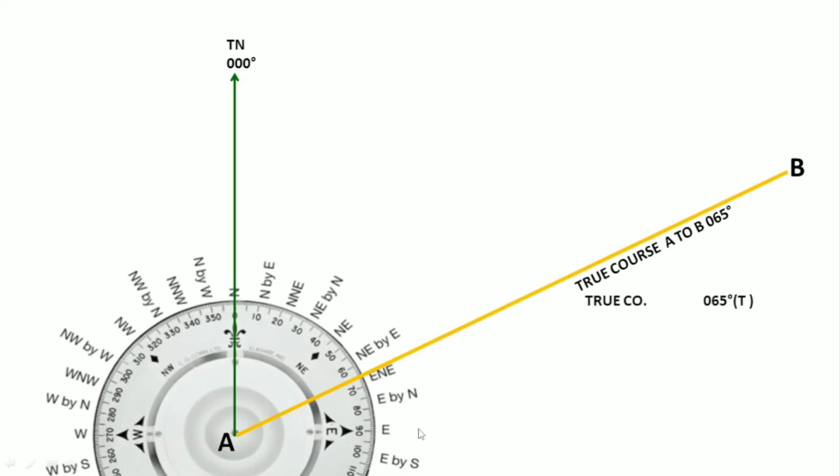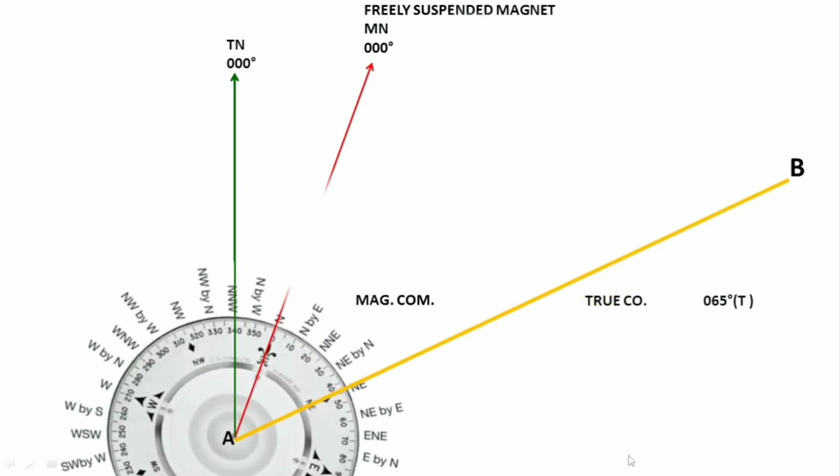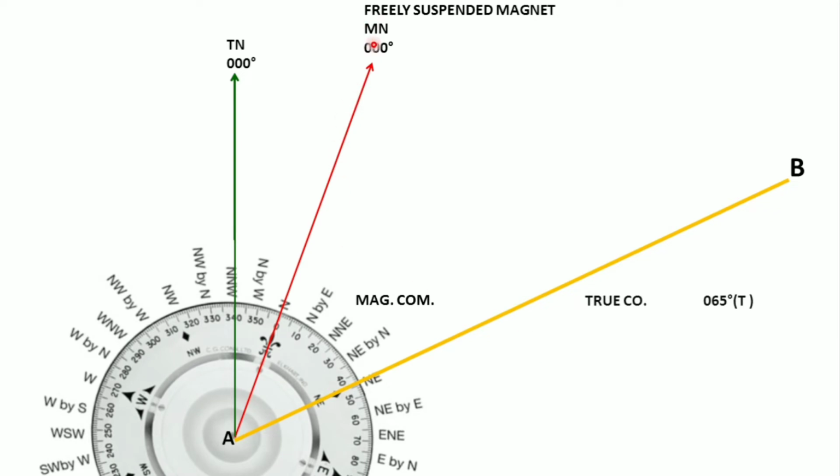The true course, you can see, is 065. If this course was being read by the magnetic compass here, which is pointing towards magnetic north, getting a value of 045, that's my magnetic course. Between true and magnetic, variation.